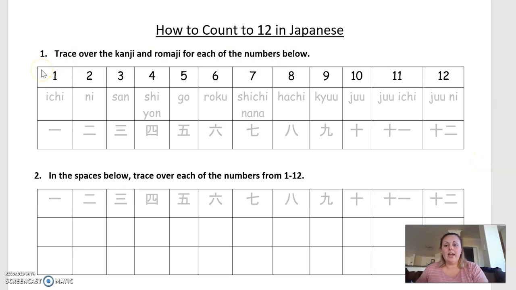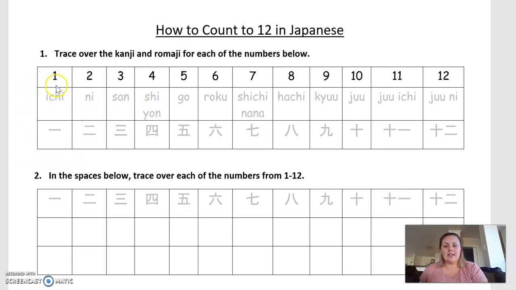So what I gave you last week was the numbers from 1 to 12. We only went up to 12 because this is so we can learn how to say how old we are, and also none of you are going to be older than 12. So I'm going to quickly remind you about how to pronounce each of these words, and then I'll let you know what jobs you have for today.